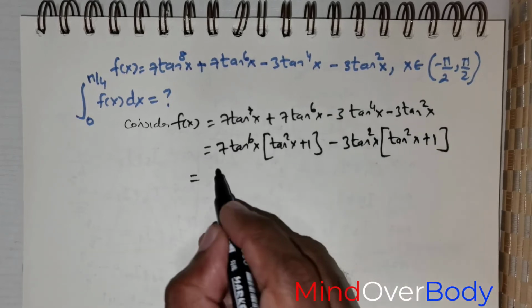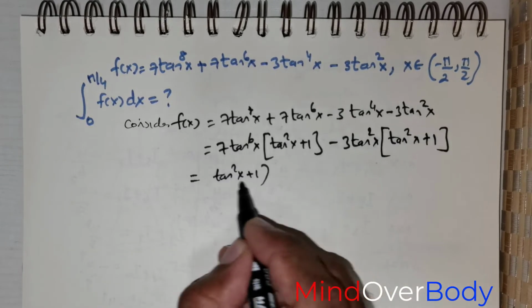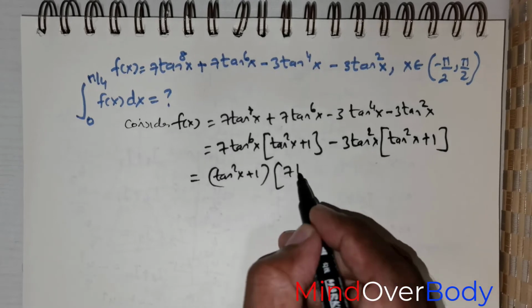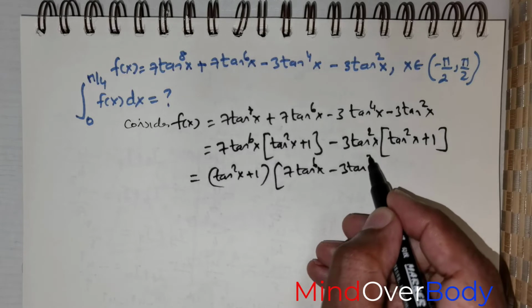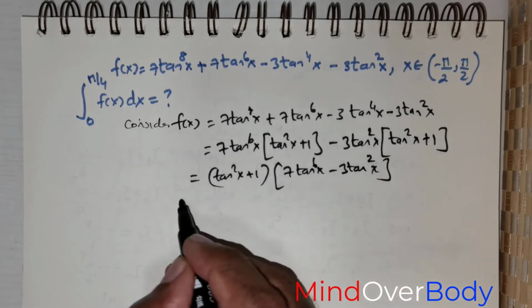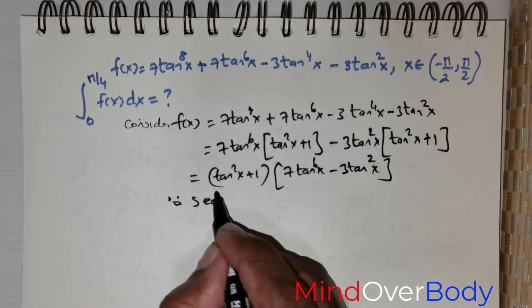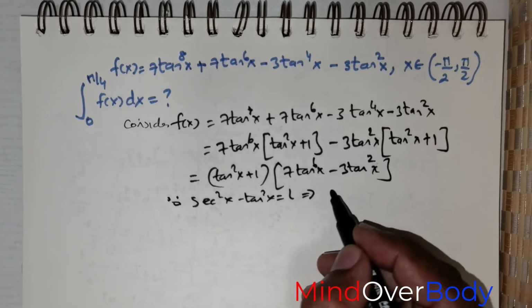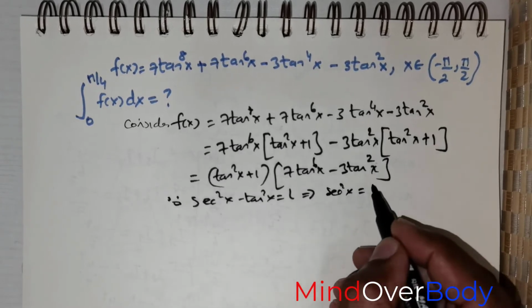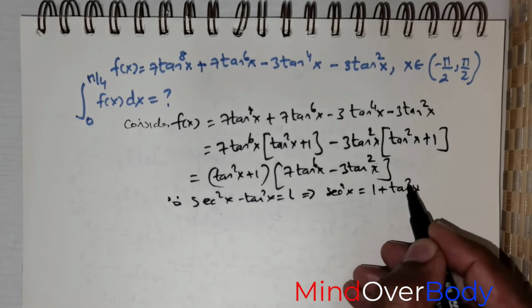Now clearly I can take tan^2 x + 1 out, and that is going to give me 7 times tan^6 x - 3 times tan^2 x, times (tan^2 x + 1). But we know that sec^2 x - tan^2 x is equal to 1. So from here sec^2 x is equal to 1 + tan^2 x.